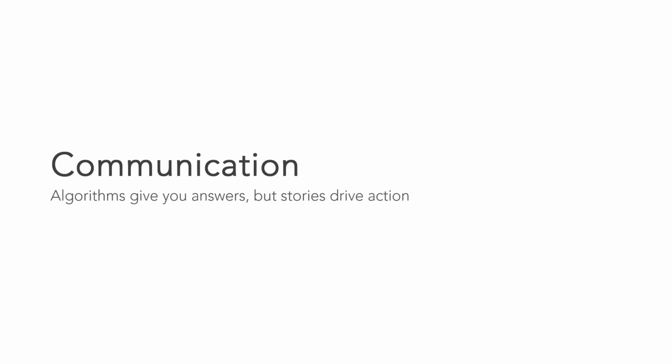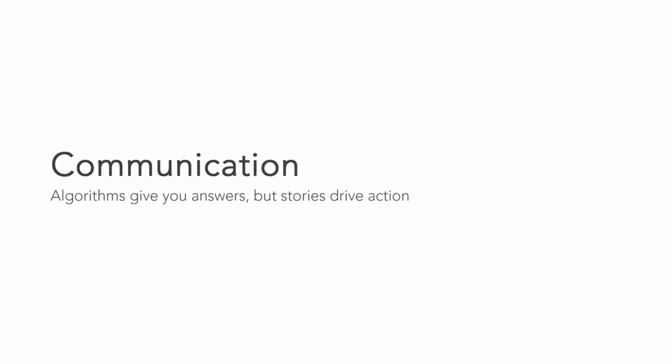Okay, so I just want to finish off really briefly by talking about communication. We talked a little bit about this earlier, but I really think it's important to circle back to it. I love this idea that algorithms give us answers, but stories are what really drive action. And that is such an important point. It doesn't matter how great our analysis is. It doesn't matter how sophisticated your algorithm is.